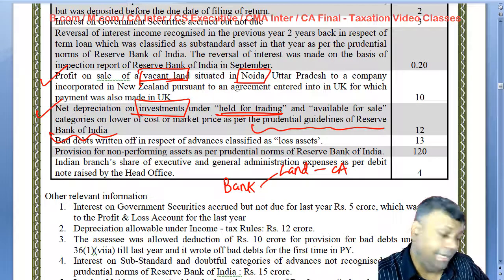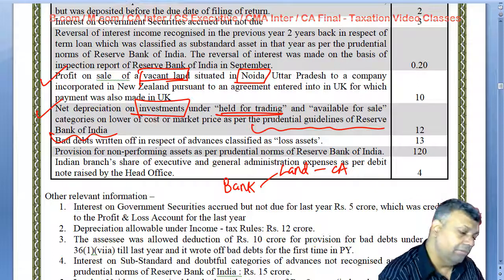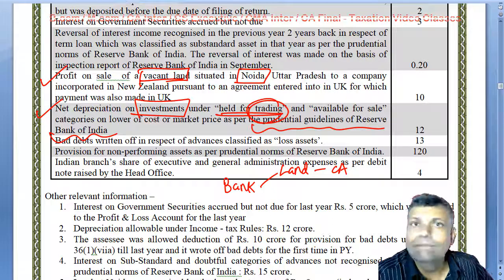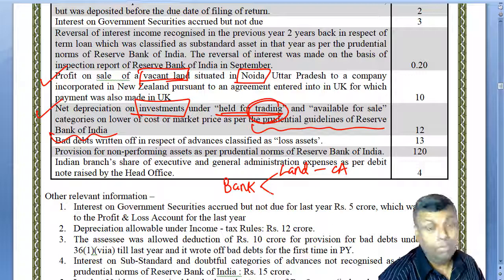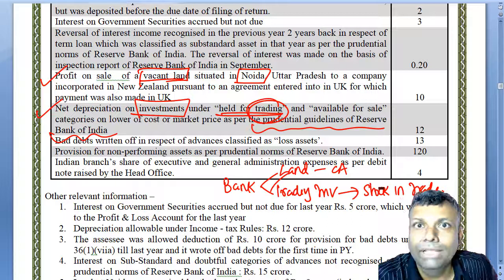So even to a bank, the investments can be long-term investments or trading investments. But in the given case, it is a pure trading investment. For a bank, these trading investments are stock in trade. That is a very important point to be noted. Trading investments are stock in trade. One more important thing I'm just telling you.